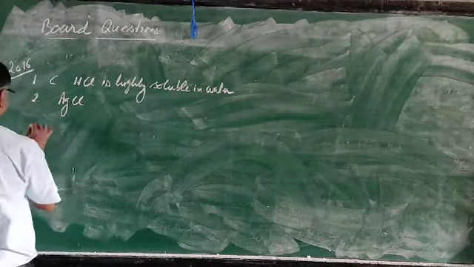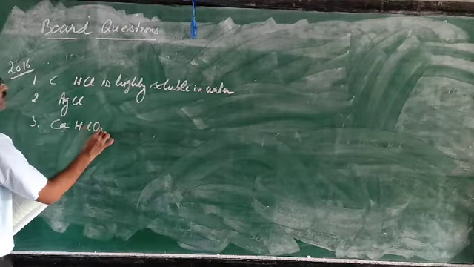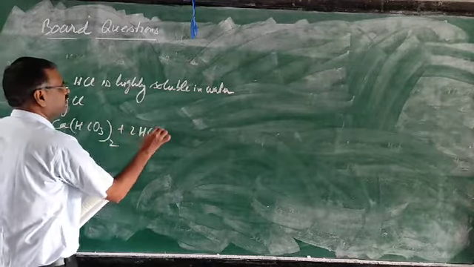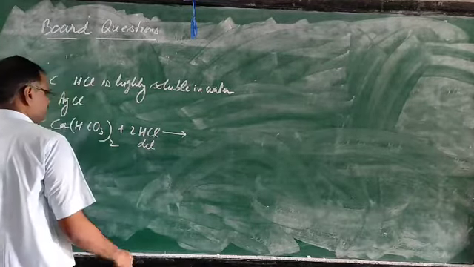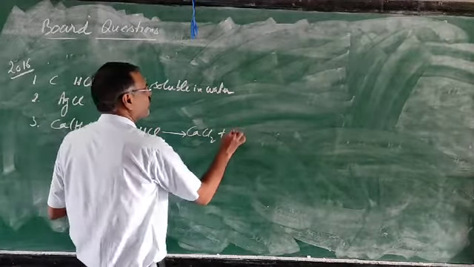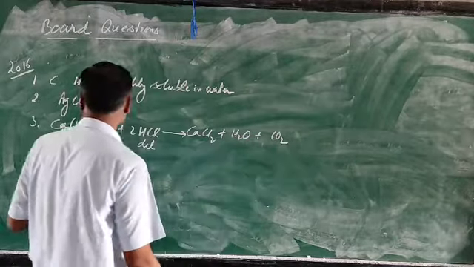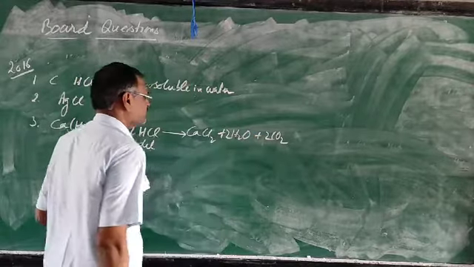You have to give the chemical equation: bicarbonate reacts with dilute hydrochloric acid, and you will get chloride, water and carbon dioxide.